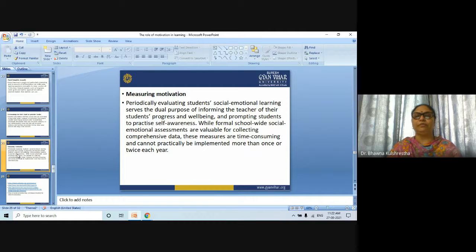While formal school-wide social emotional assessments are valuable for collecting comprehensive data, these measures are time consuming and cannot practically be implemented more than once or twice each year.